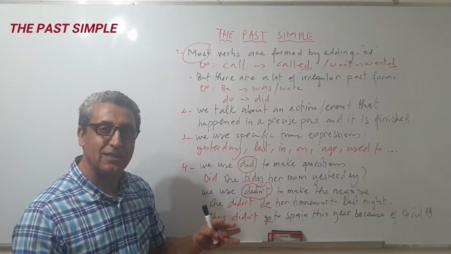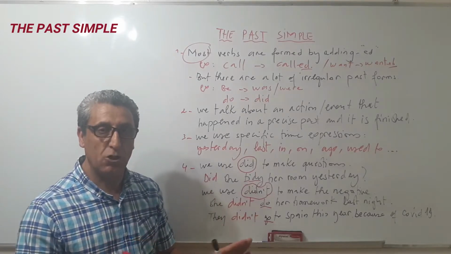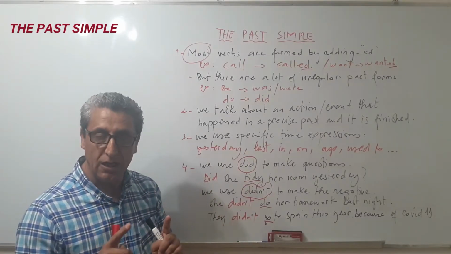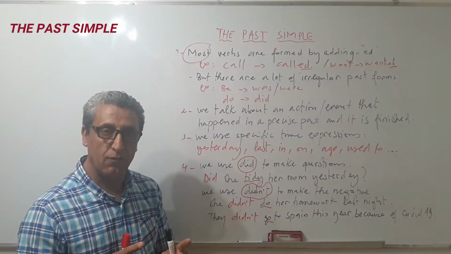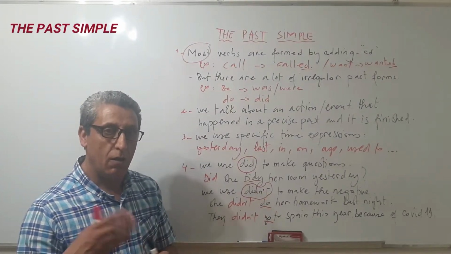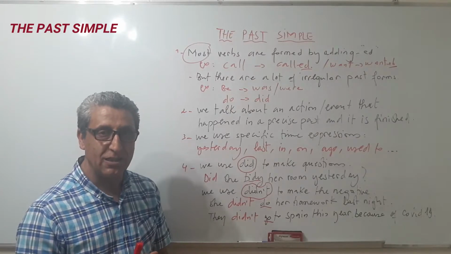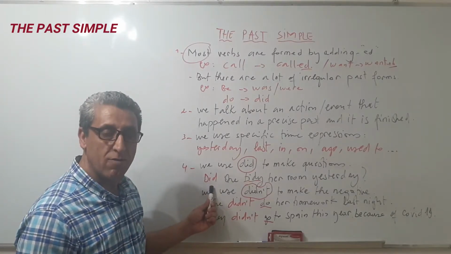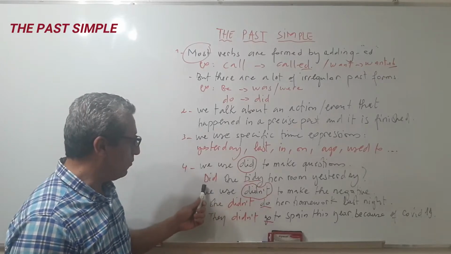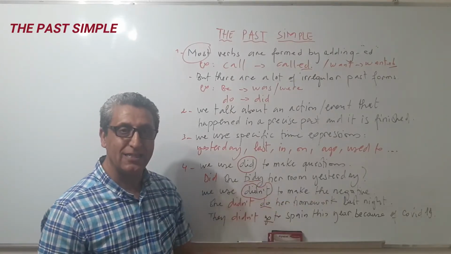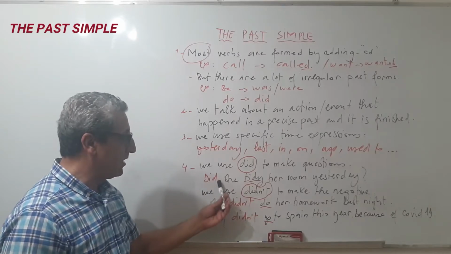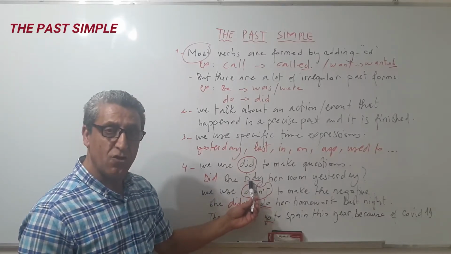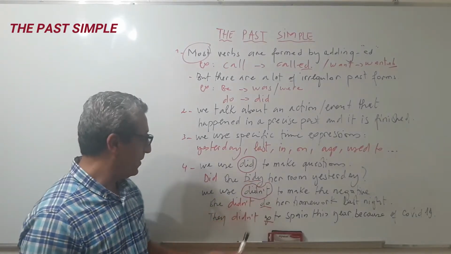It remains in its infinitive form. It's not conjugated in the negative and in the interrogative form. Okay, both in the present simple or in the past simple. Okay, so what do we conjugate? We conjugate the auxiliary verb. Okay, so did she tidy her room yesterday? It's a question. We start with did, and then the verb is in the infinitive.